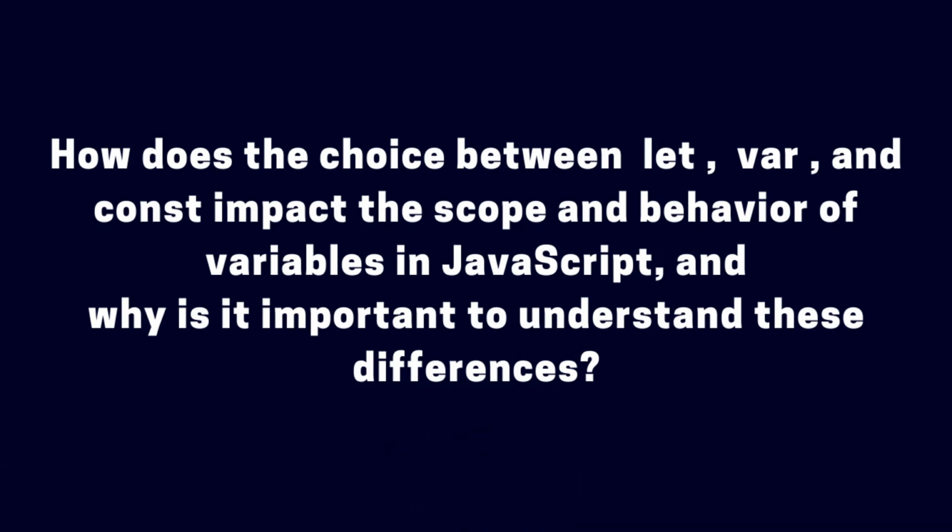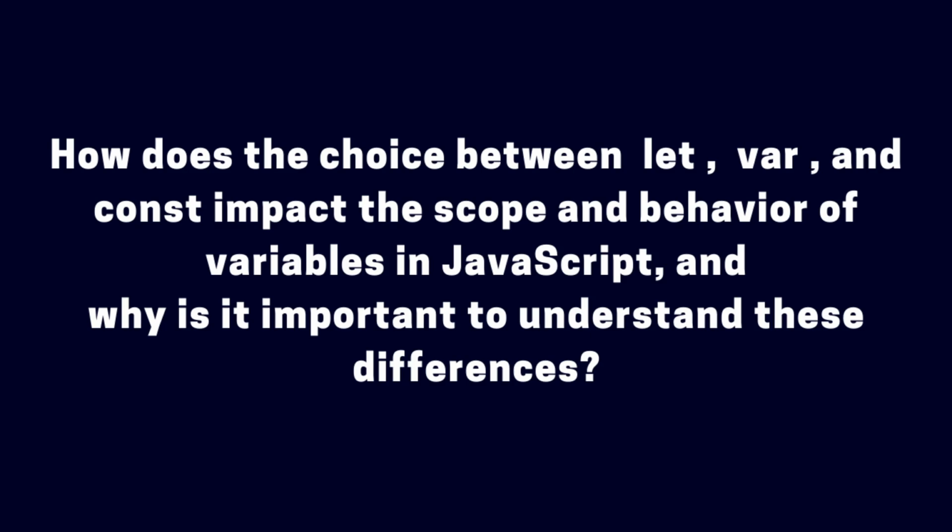The choice between the let keyword, var keyword, and const keyword in JavaScript affects how and where variables can be accessed in your code. With the var keyword, variables are function scoped, meaning they can be accessed anywhere within the function where they are declared. It is hoisted and initialized to undefined, which can lead to unexpected behavior if not carefully managed.